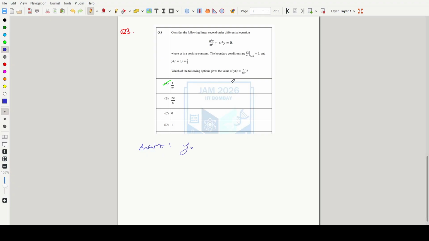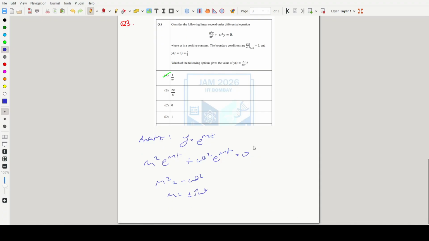In this case, let me make the guess that y equals e power mt. When I plug this into my differential equation, the first term, twice differentiated, gives m square e power mt, and I have omega square e power mt. So when I cancel the e power mt's, I'm left with m square equals minus omega square, or m equals plus or minus i omega.